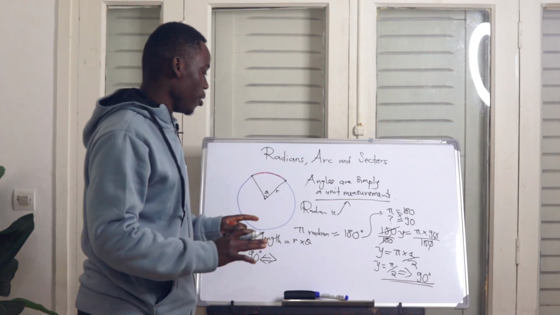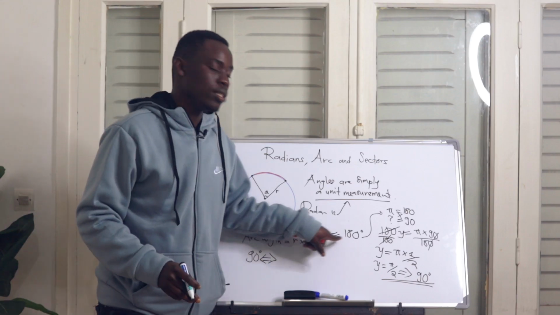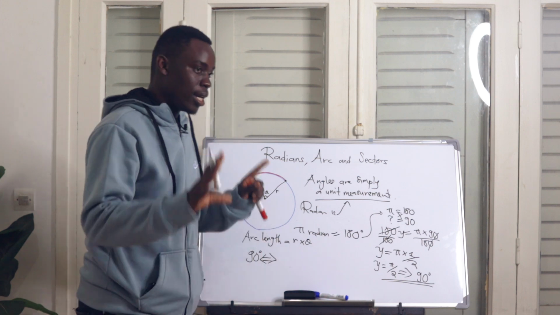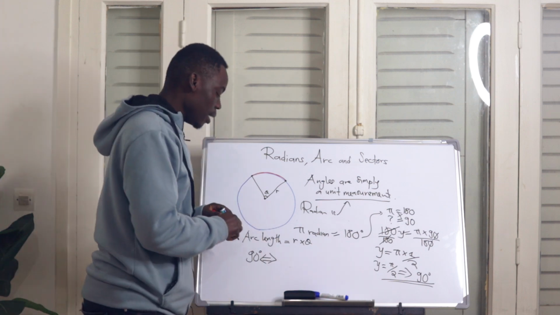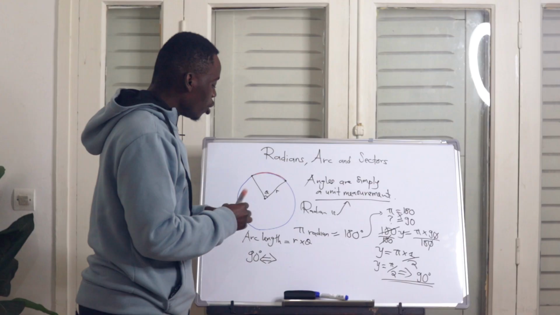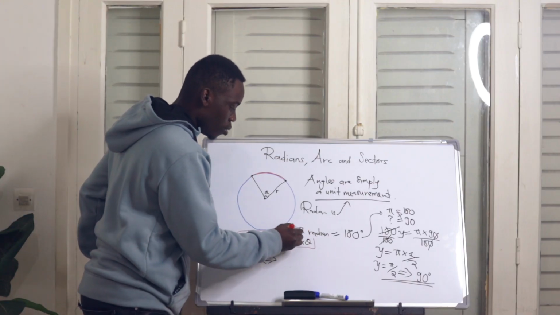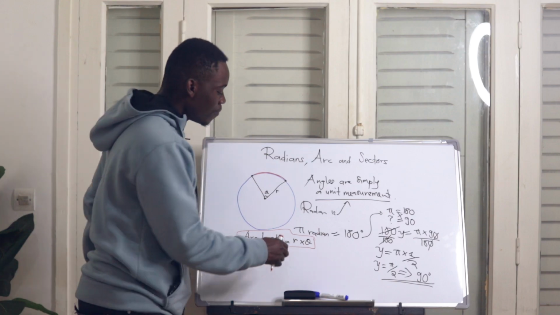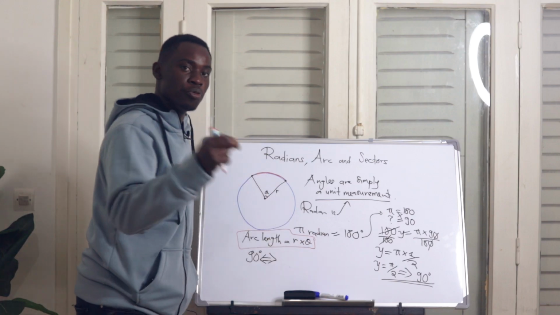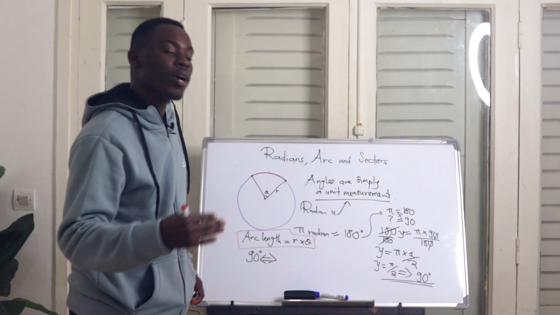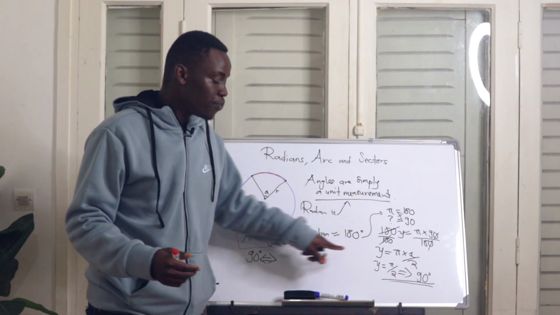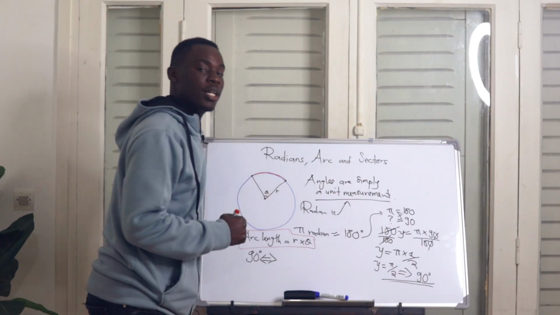It's very, very easy. Pi radians is equal to 180 degrees. Don't forget, our main aim is understanding how to calculate the arc length, knowing that when calculating the arc length, you have to use your angle in radians. But in any case where you are given an angle in degrees, you can convert it using this formula.